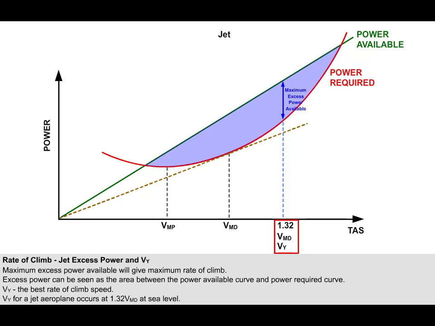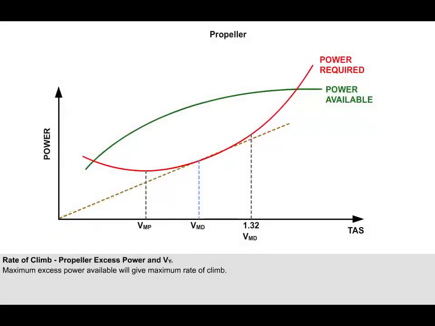Shown here is a graph of power available and power required based on sea level for a typical light aircraft. On the graph, the greatest amount of excess power available will be found where the distance between the curves is at a maximum, as shown here.